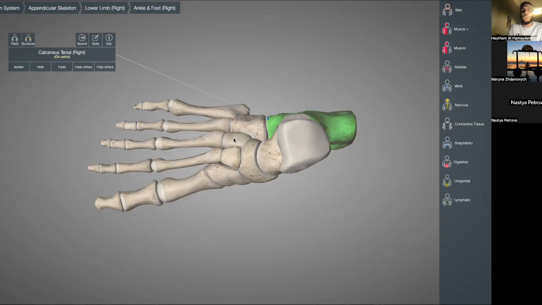The midfoot is made up of navicular, cuneiforms, medial, intermediate, lateral, and the cuboid. The forefoot is made up of 5 metatarsals, 1 to 5 medial to lateral, and the phalanges. And toes number 2 to 5 are made up of proximal, middle, and distal phalanges. And the big toe is made up of distal and proximal phalanges.